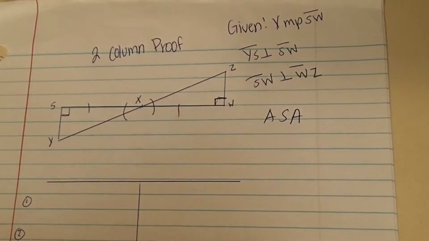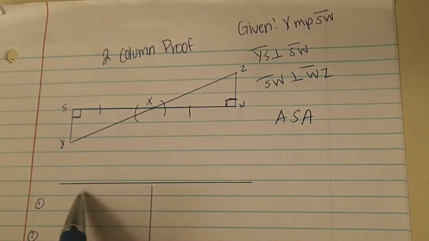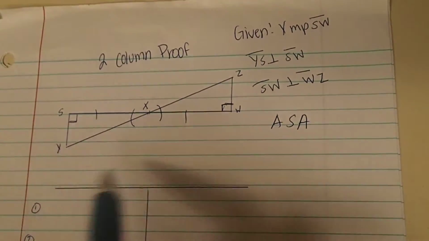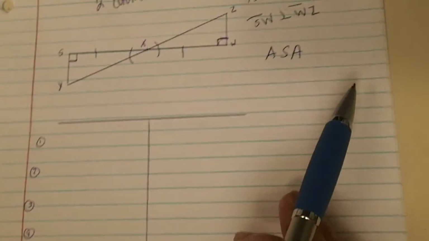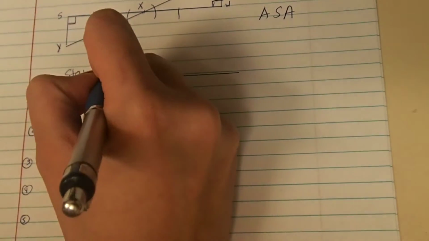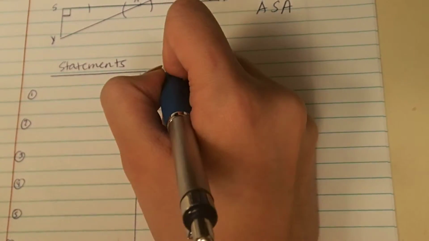And I've already drawn my two-column proof, a T-shaped two-column proof, and I will label this statements, and I will label this reasons.